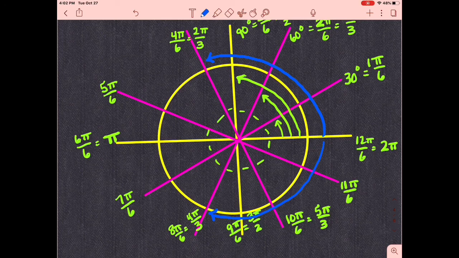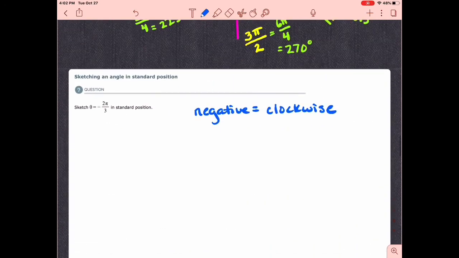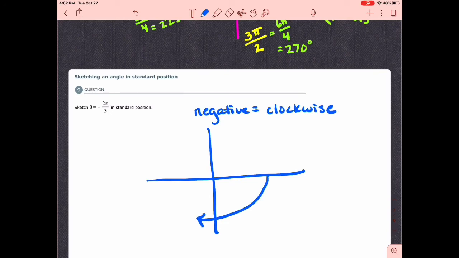So this angle right here could also be negative 2 pi over 3, because it's just the same as this one, only going backwards. So when we draw this problem, we're going to have an angle that goes something like this. It says sketch the angle. So this is what that angle would look like.